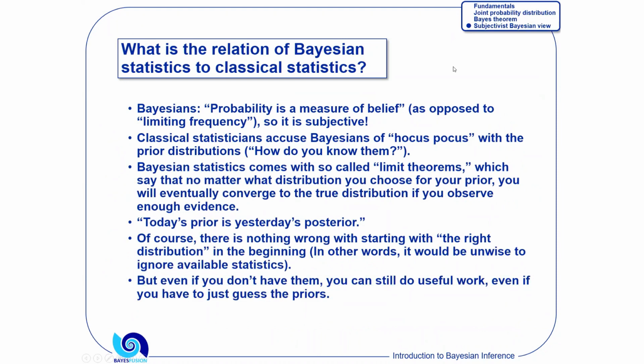The relation between classical and Bayesian: it took 100 years for the Bayesian approach to be accepted. I suspect the majority of statisticians are now using the Bayesian approach. Classical statisticians will accuse Bayesians of doing hocus pocus, the prior.